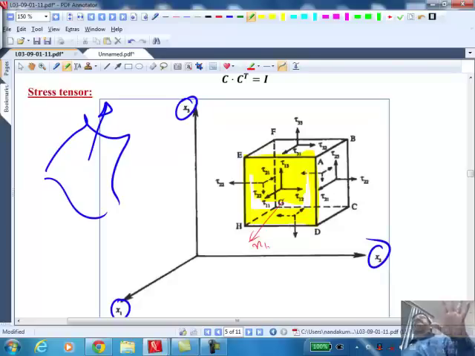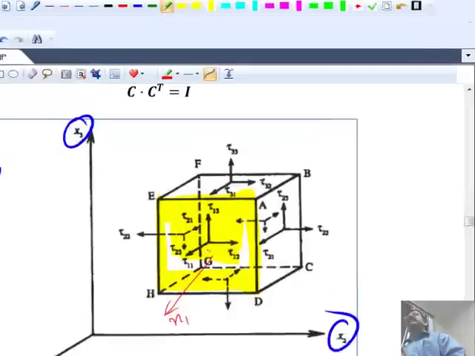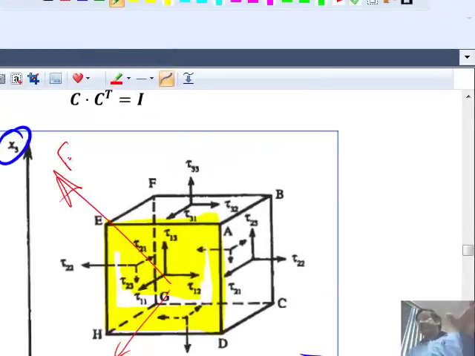There is a force acting on the surface, but it could be acting in some direction like this, F1. I have to resolve that in each one of the three directions. In the first direction, and in the second direction, and in the third direction. And that is why I need two indices. One index to identify the surface, the second index to identify the direction of the force, the component of the force. That's why stress tensor has 9 components, because on each surface it has 3 components. The force has 3 components, and there are 3 surfaces.